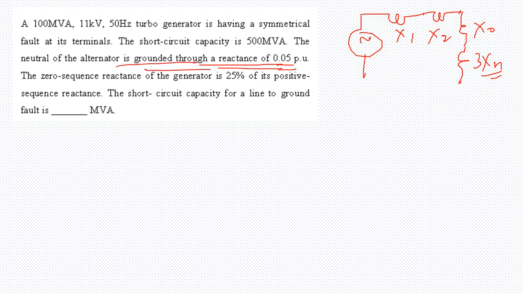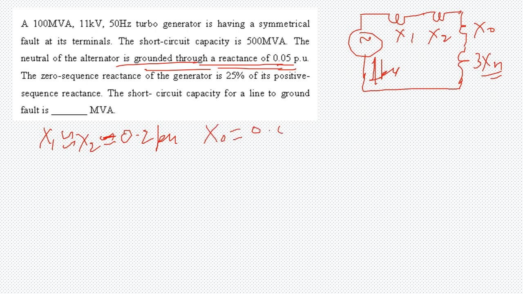So here this is the scenario. The voltage is 1 per unit. X1 and x2, we have already calculated, and we have considered x1 equal to x2, and it is 0.2 per unit. X0 we calculated, and it is 0.05. And xn is also known to us, given as 0.05 per unit.